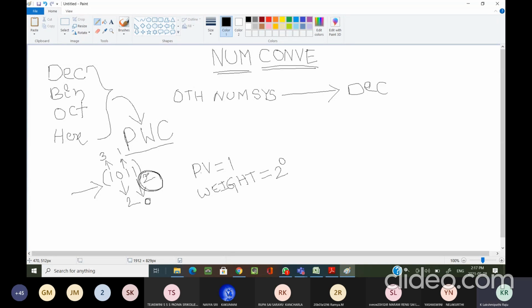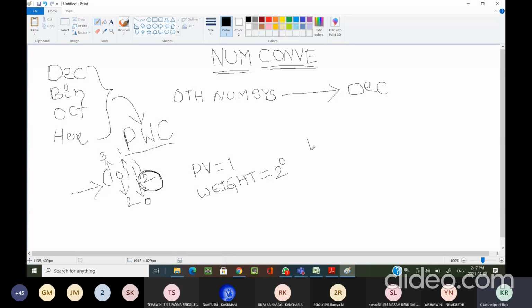Depending upon the number system which you have considered, the weights are changing. That is the meaning of positional weighted code. The positional value is 1 and the weight is 2 power 0.